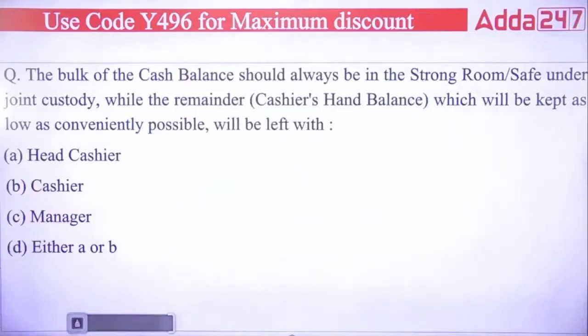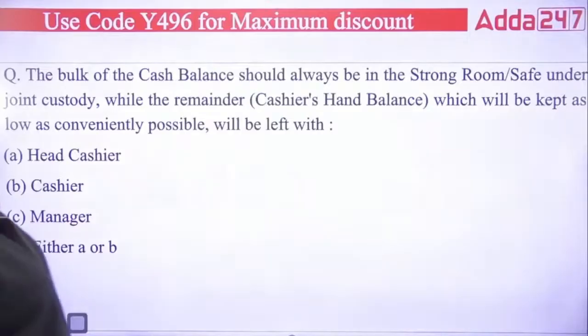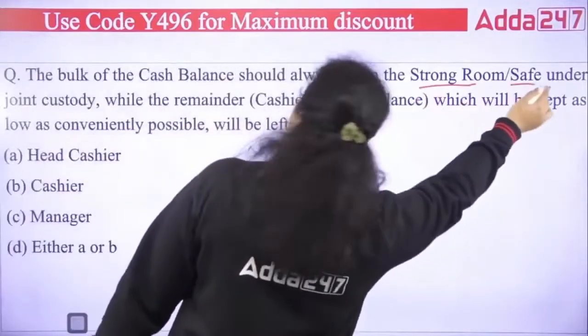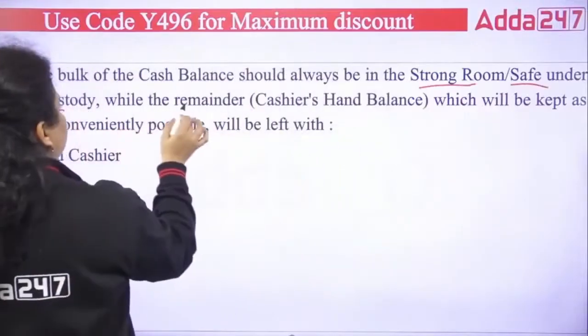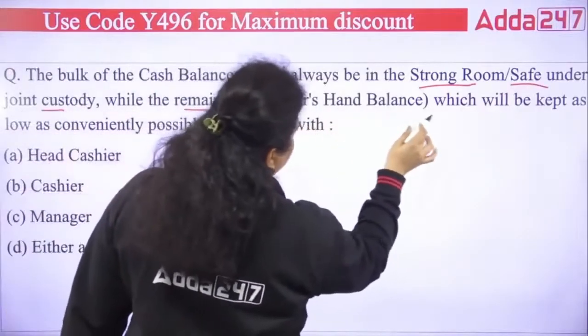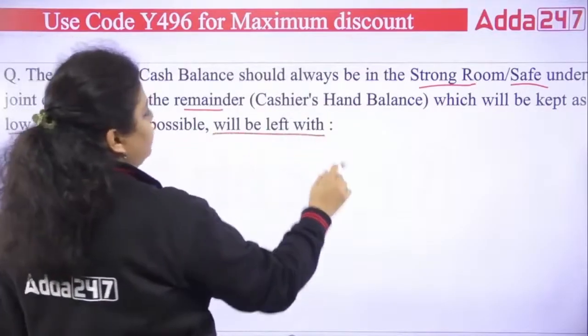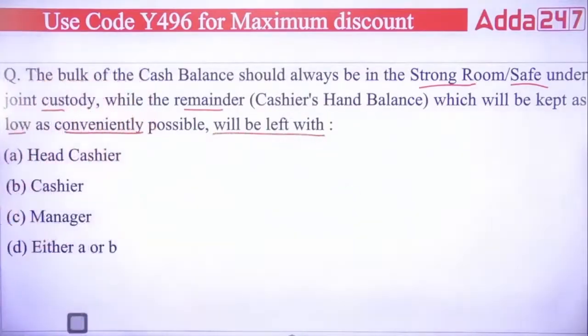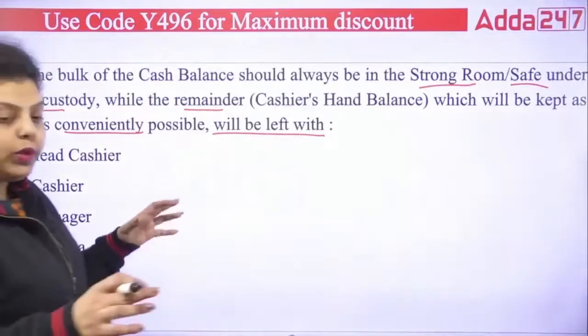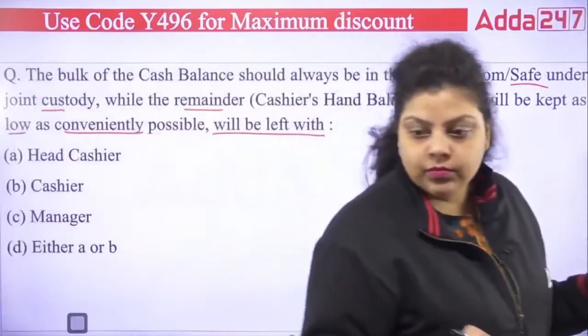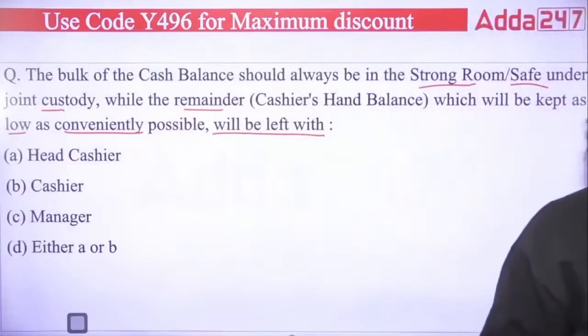Now, the next question is asking: the bulk of cash balance should always be in the strong room safe under joint custody, while the remainder, the cashier's hand balance, which will be kept as low as conveniently possible, will be left with the head cashier, cashier, either A or B. So who will have this cash with them?